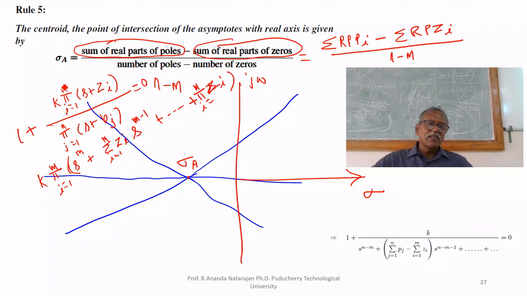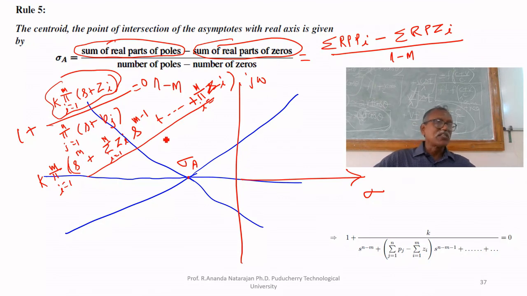If you expand this, you will get a polynomial like this. The first term is s power m, the second term is s power m minus 1, and the last term is s power 0. The coefficient of the second term is the sum of all zeros. The coefficient of the last term, the constant term, is the product of all zeros.